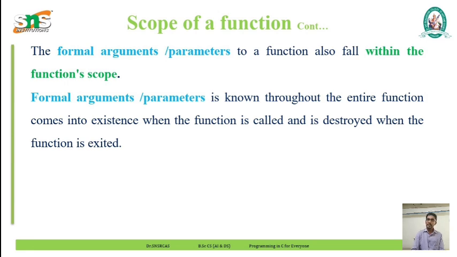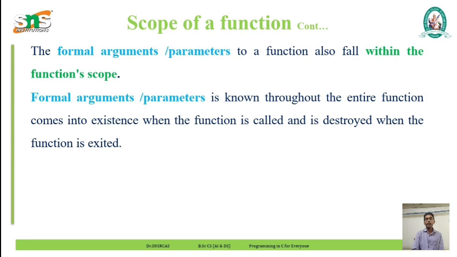Scope of a function can also be extended, like a function also falls within function scope. Let me repeat, a function also falls within its function scope, which means not only function local variables but also the function itself falls within its own scope.